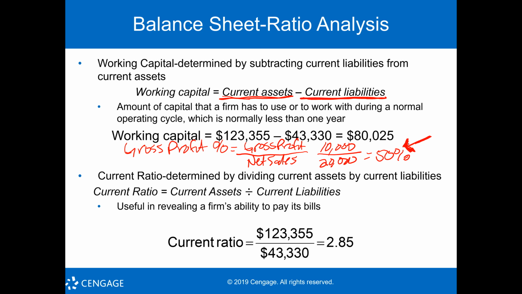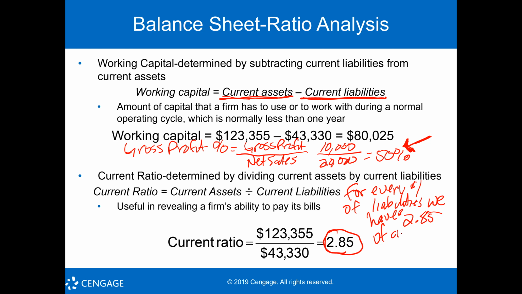The current ratio is determined by dividing current assets by current liabilities, and they're showing us here. It's useful in revealing a firm's ability to pay bills. What this current ratio means is that for every $1 of current liabilities, we have $2.85 of current assets.